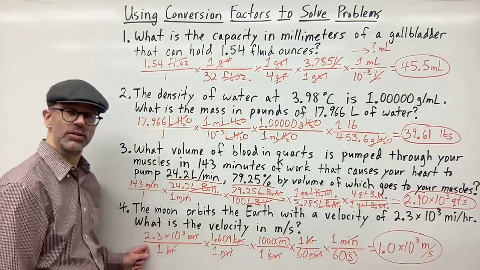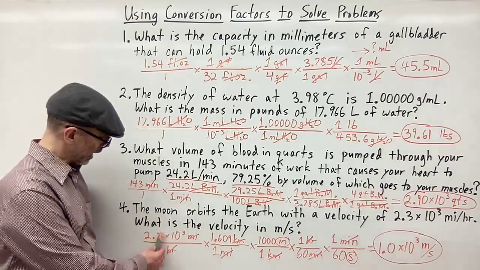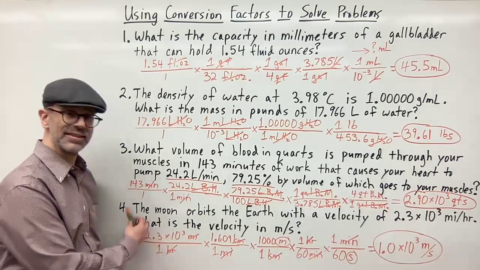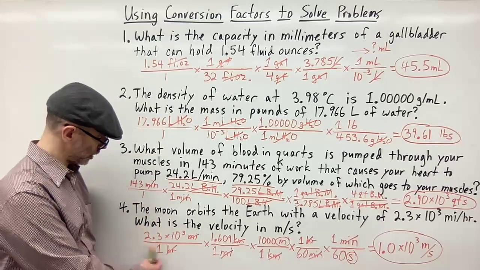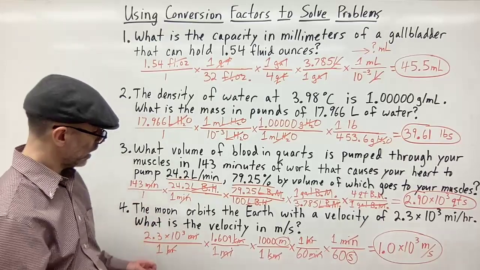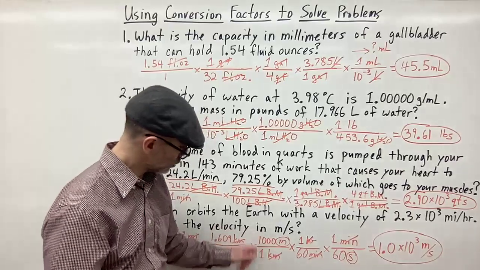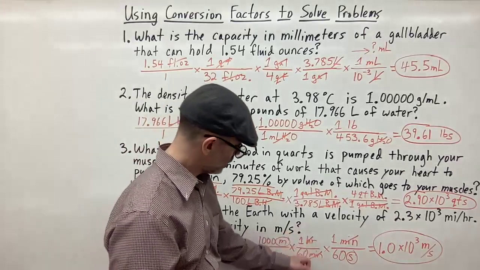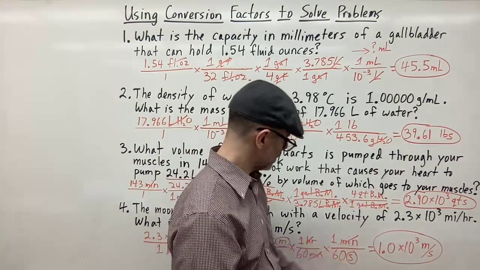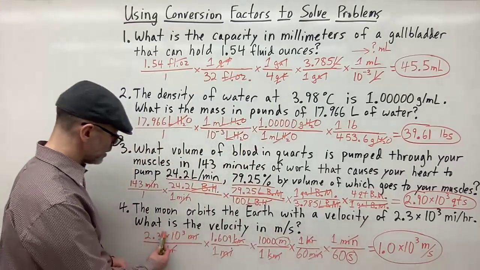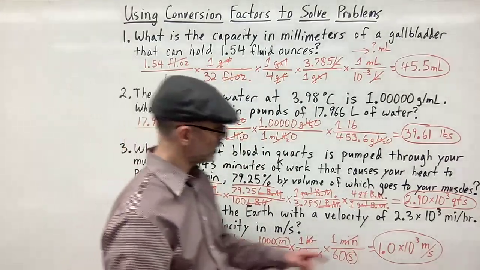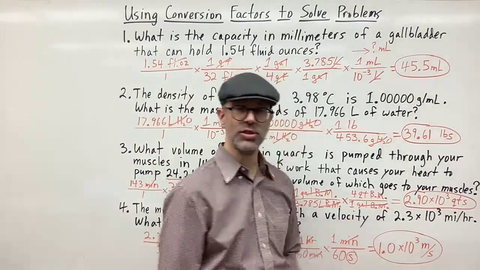The great thing about scientific notation is that whatever digits you have over here, that's the number of sig figs. So we have 2 digits, that's 2 sig figs. This is 4 sig figs. This is exact, so we're going to ignore that. Hours to minutes is exact. Minutes to seconds is exact. So the least number is 2 sig figs. And so my answer has 2 sig figs.